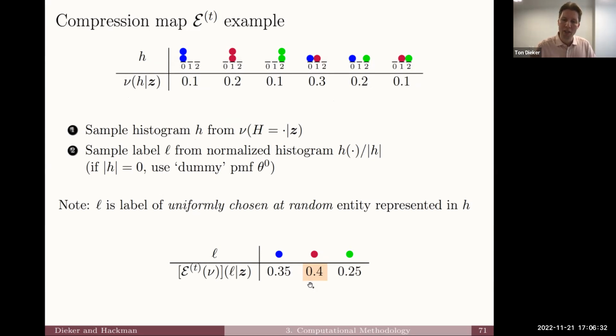So if we want to figure out what the probability of a red label is, then we look here, we say, okay, with probability 1, the label is red if we select this histogram. With probability half, if we select this one, and probability half also here, right? So the probability would be 0.2 times 1 plus 0.3 times a half plus 0.1 times a half, which is 0.4.